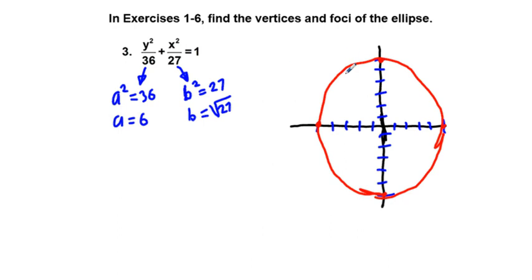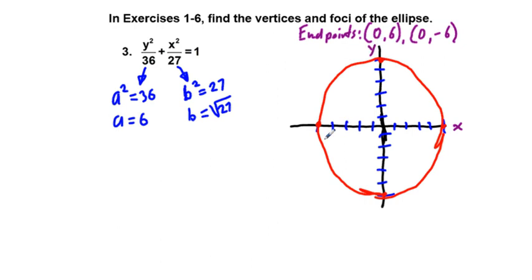So for this one, our endpoints are going to be this one on top, (0, 6), and also (0, -6) at the bottom. Again, the endpoints here are along the y-axis, in contrast to problem 1, where our endpoints were along the x-axis.